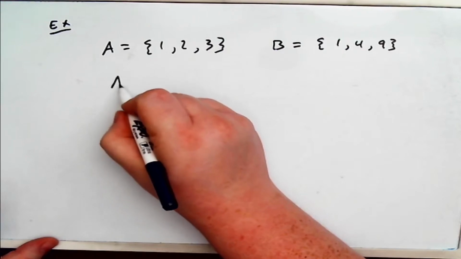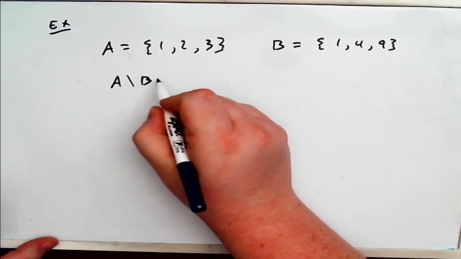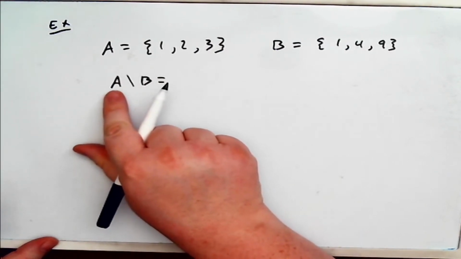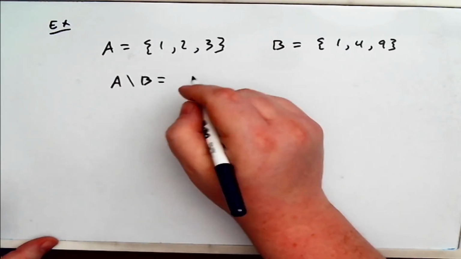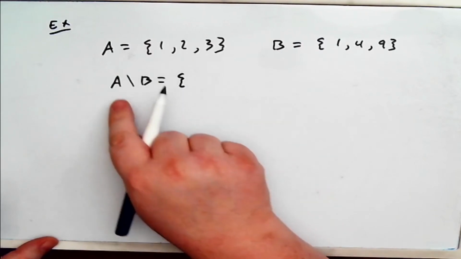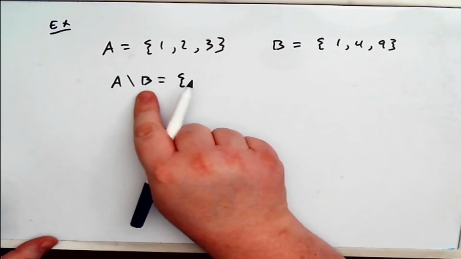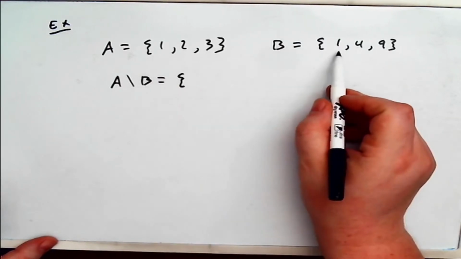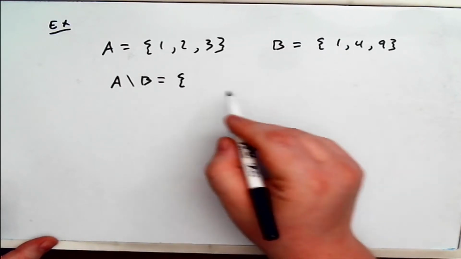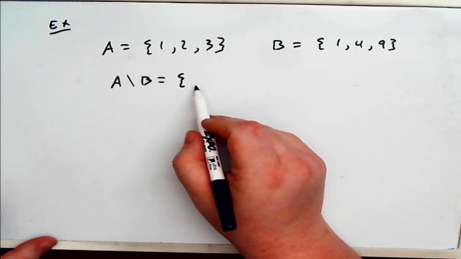Okay, the set A subtract B. What I'm going to do is take all the elements in A, but if it's in B, I'm going to remove it from this set. So you start with A and remove elements of B from it. I start with 1. 1 is in B, so I remove that element. I don't put a 1 in this set.